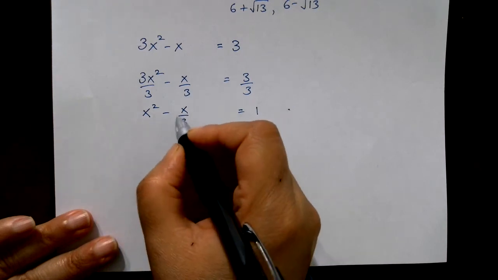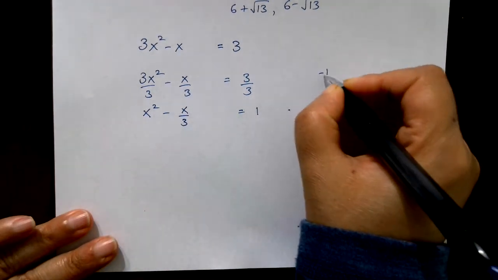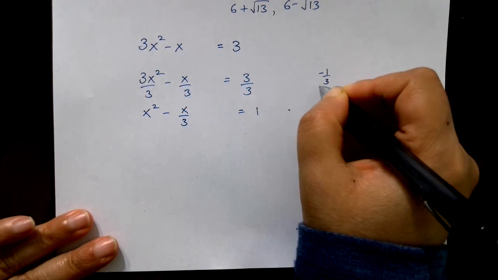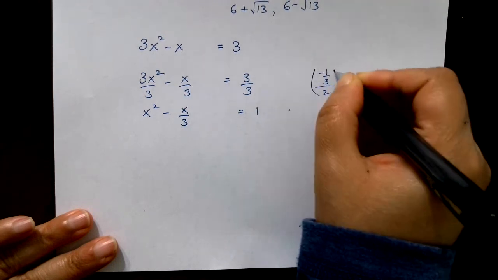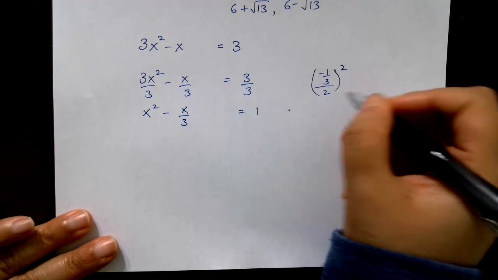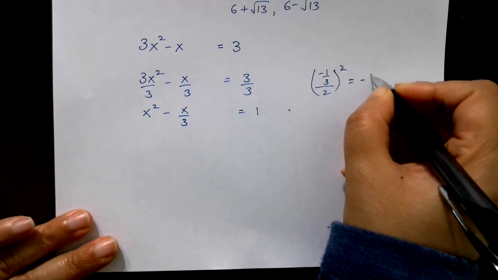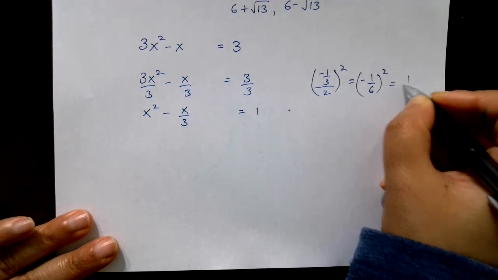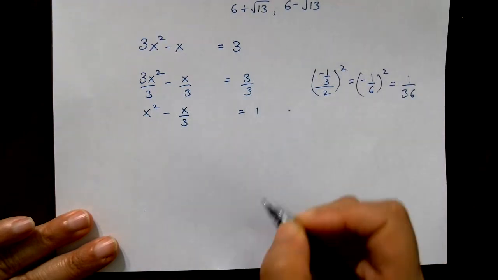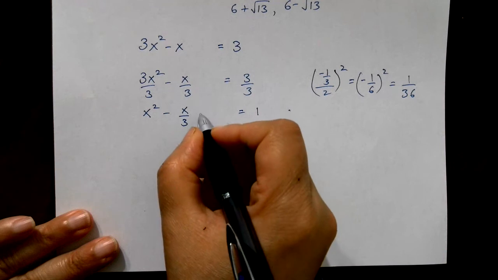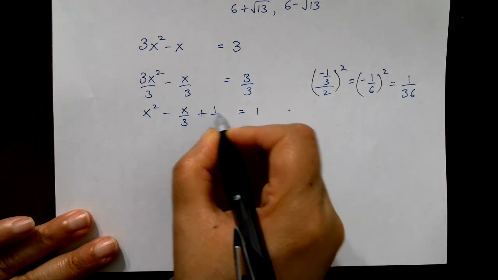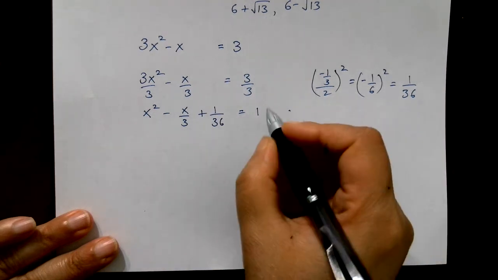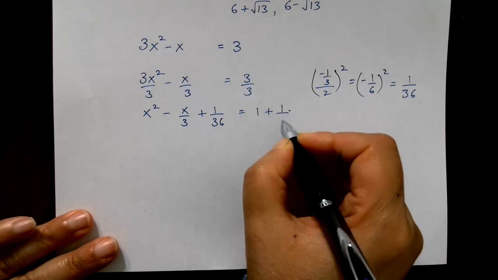Take the coefficient of x, in this case it's negative 1/3, divide by 2 and you square it. Negative 1/3 divided by 2 is negative 1/6. Squared is 1 over 36. So you add that 1 over 36 to both sides.